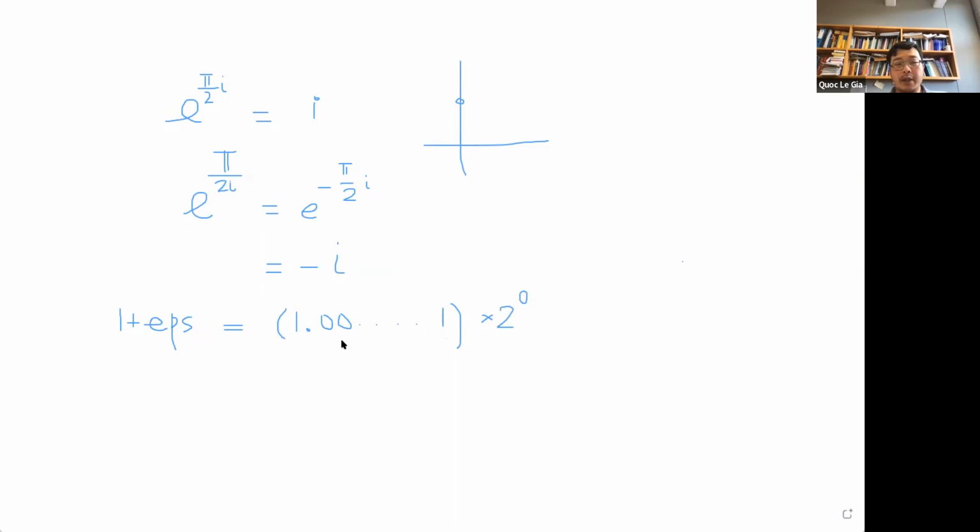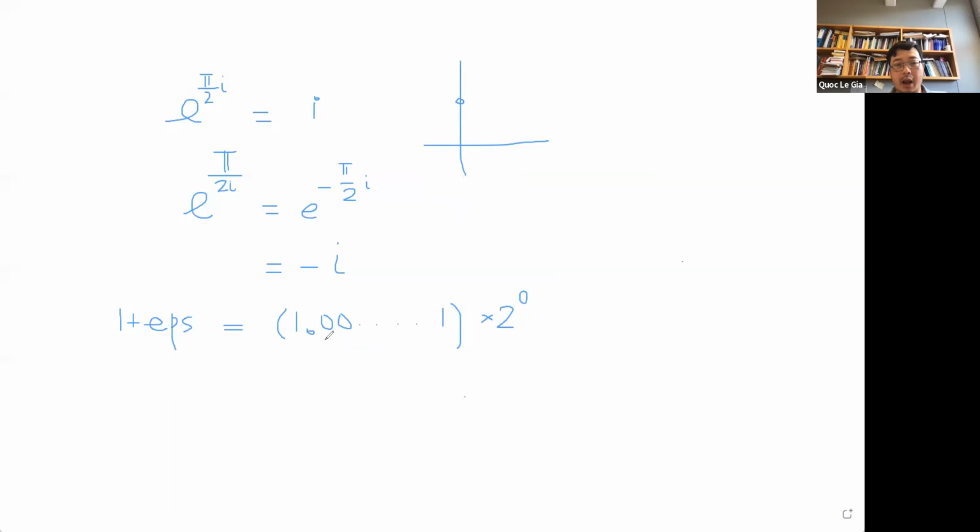Now how many digits do we have in double precision? Maybe just forget about the number 1 here. How many digits after the dot? Yes, p, but what is p in our case?